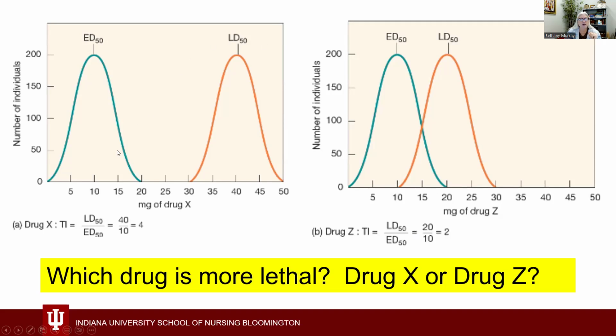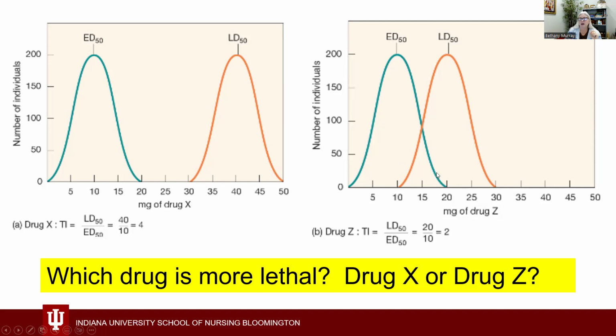But if you look at the graphs, this also tells us the same thing. This effective dose is way down here at 10, whereas this lethal dose is way up here at 40, and they don't overlap. There are no patients in this trial, or no research subjects in this trial, that receive an effective dose that is also lethal.